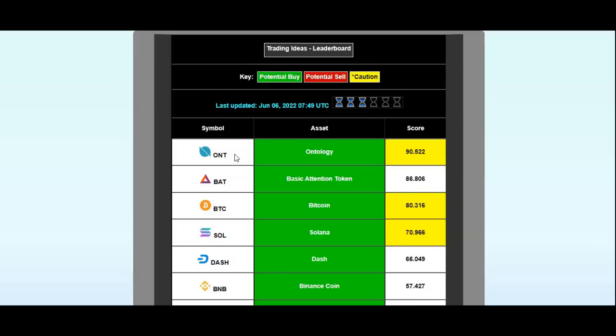The first thing this is going to do, if you are following this and looking at it, it's kind of like a screener with artificial intelligence. If you're following these ideas, you're going to be trading with the trend.